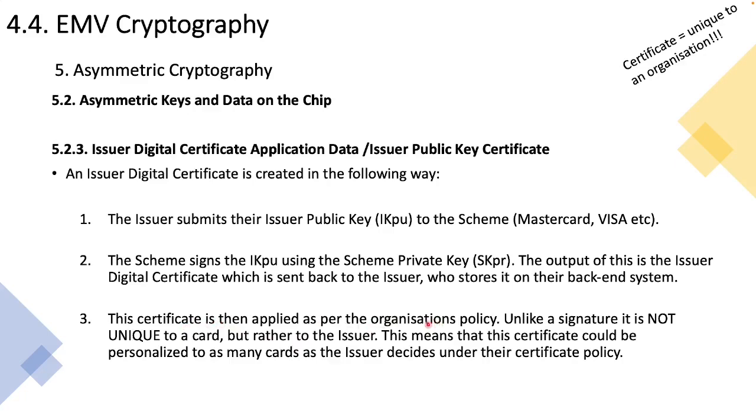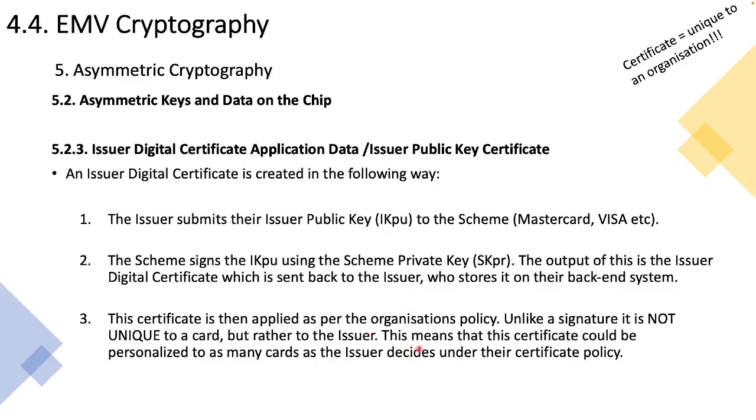Now remember, you could have just one certificate that is written to every single card, or you could have one certificate written to a particular BIN range or a different product range, which means the issuer would have submitted multiple public keys to the scheme. They would have signed those using either the same scheme private key or multiple scheme private keys, and they would return them.